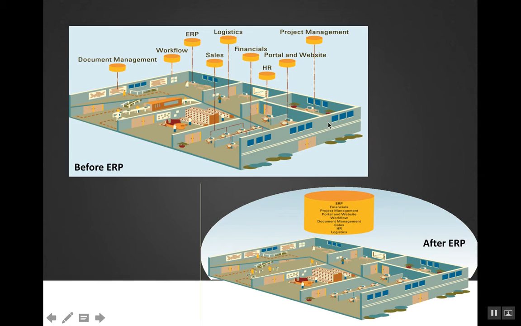So the idea, if we look at an ERP system, the model of what an ERP system does is it brings all of these into one common central repository, all right, and coordinates on an end-to-end basis. Rather than having these disparate systems that do their own thing and then exchange information on an as needed or ad hoc basis between application to application, everything is integrated, right, which can provide tremendous advantages.